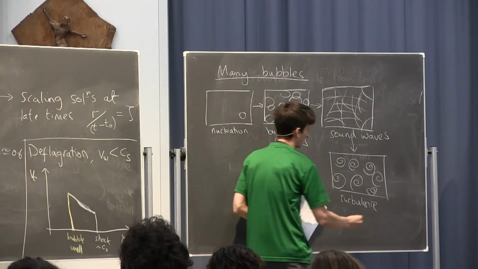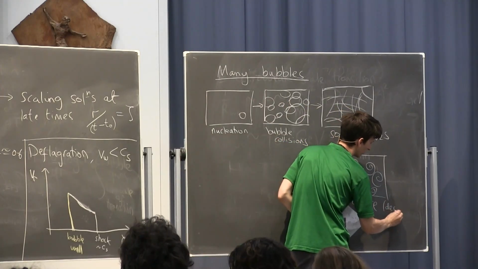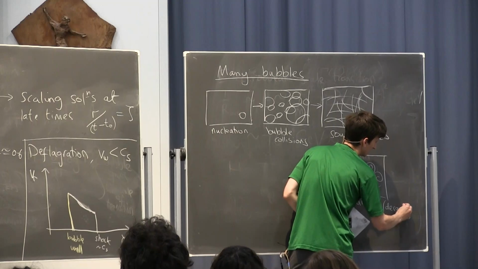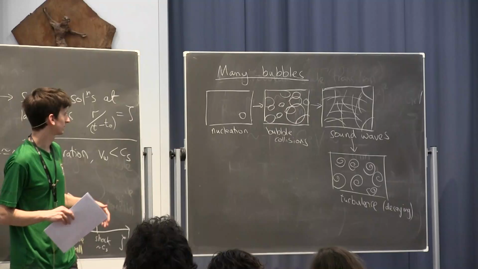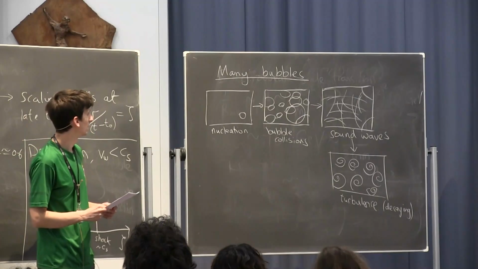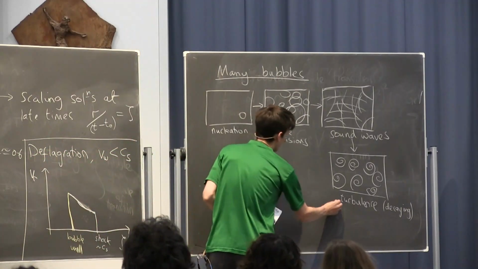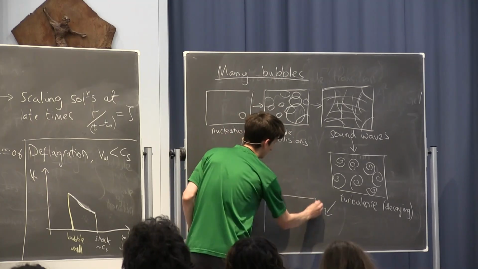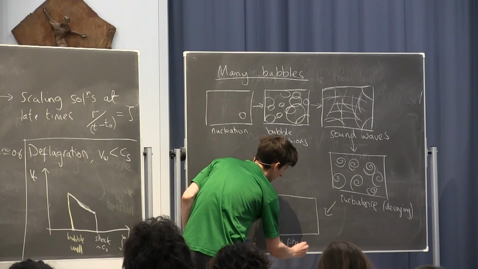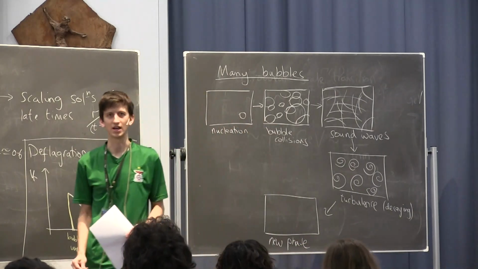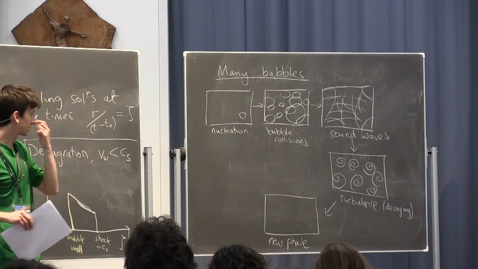And then the turbulence, which is decaying turbulence, because we're no longer adding energy into the system. And then eventually, your box just looks simple and it has nothing in it. And you're just in the new phase. That's kind of the trajectory of what happens.